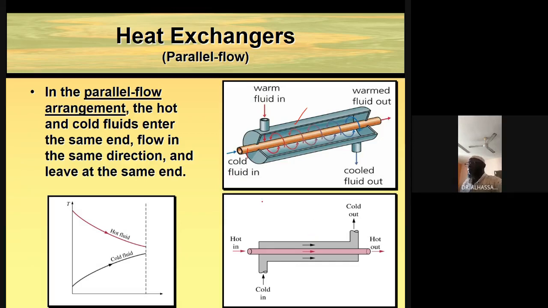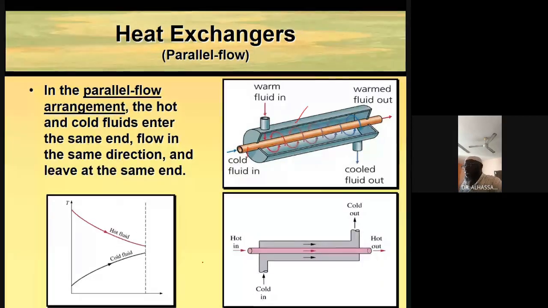Now, what we should know here is that the temperature profile for such a heat exchanger is given by this diagram. The initial temperature of the cold fluid is T cold in, and the initial temperature of the hot fluid is T hot in.